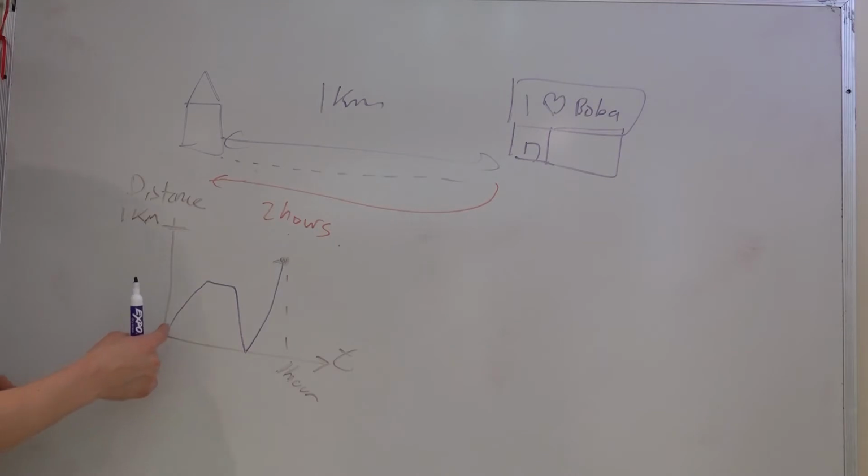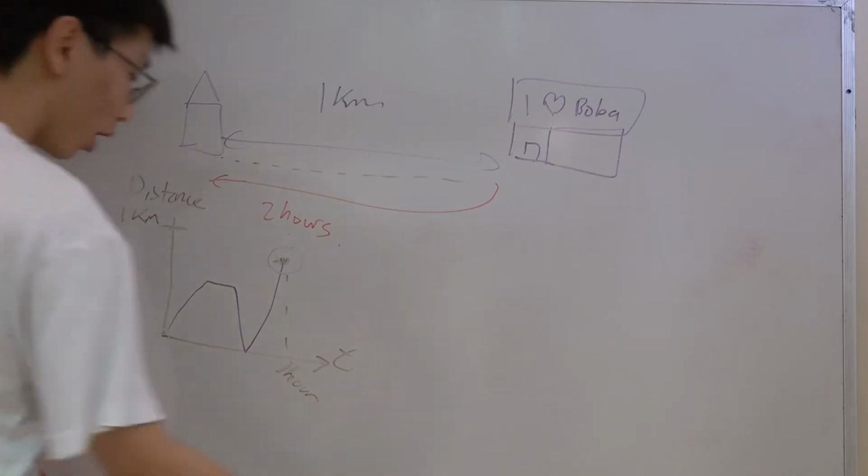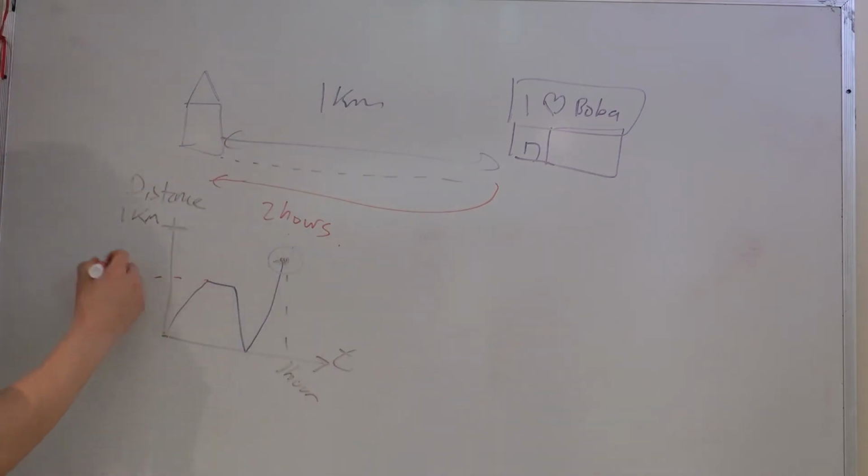Now that paints an entirely different picture. Yes, it took you 1 hour technically to get from here to there, but that's just looking at this point here and this point here. There's a whole story that went on here, right? And you personally will say, no, I did a lot in 1 kilometer. Let's say this is half a kilometer. Let's say this is 0.5 kilometers. Then what amount of distance did you actually travel?